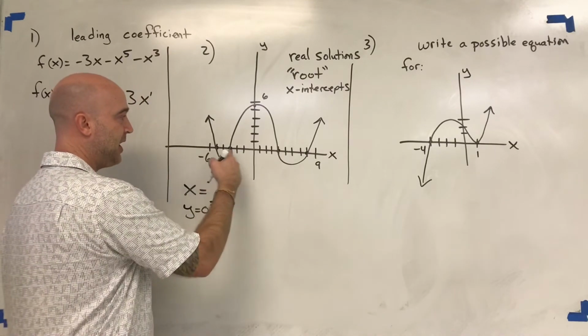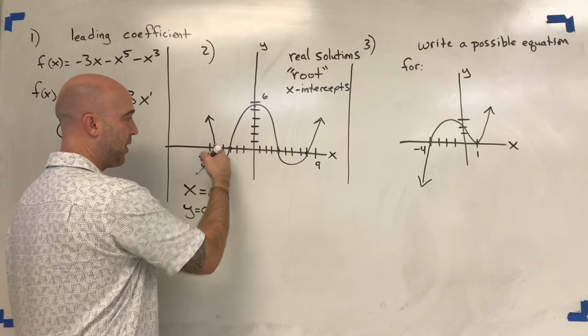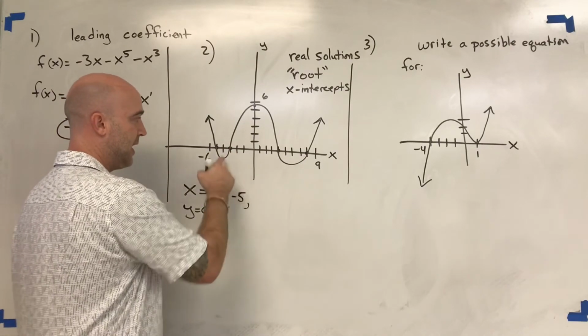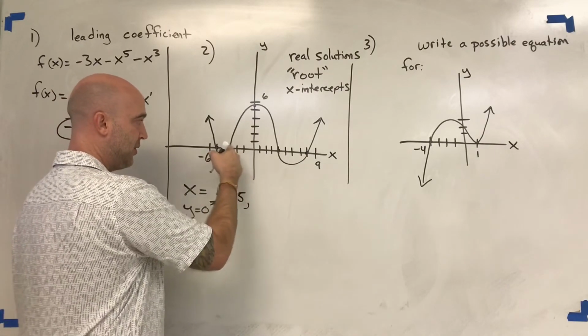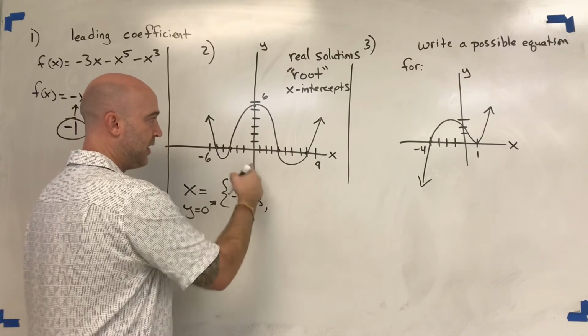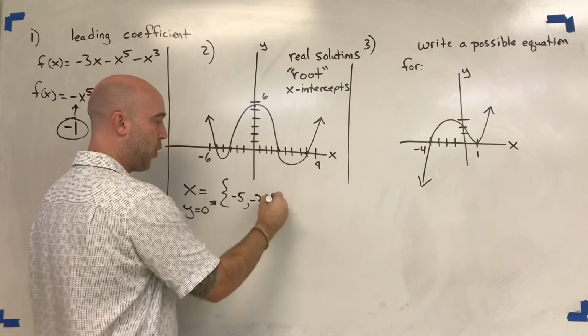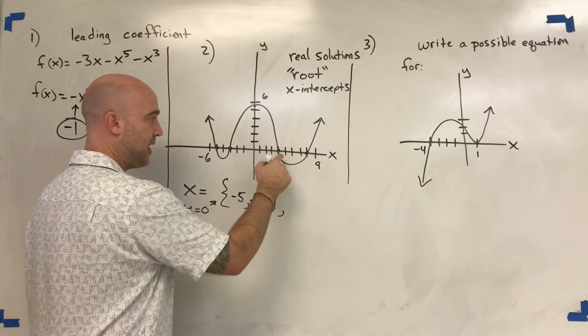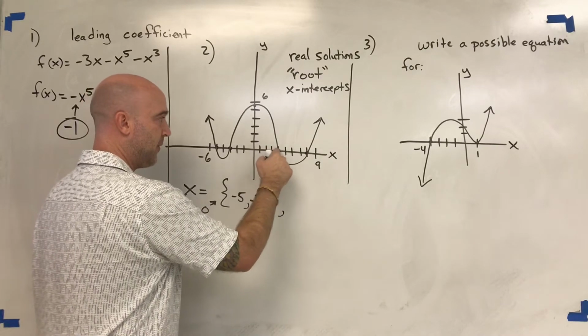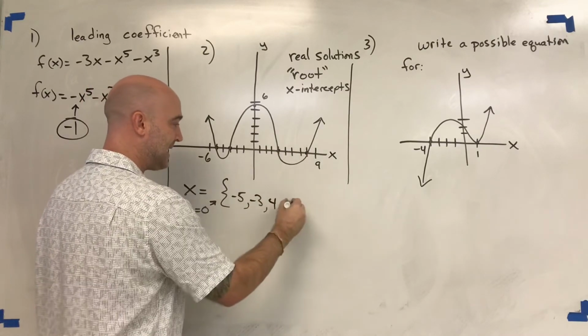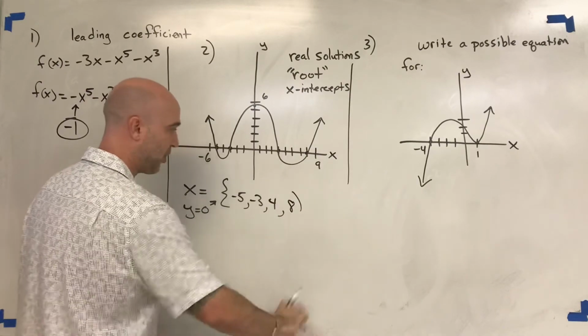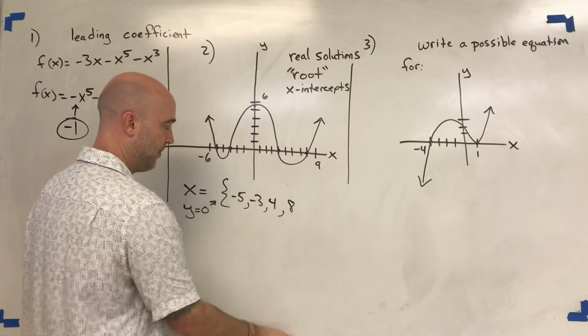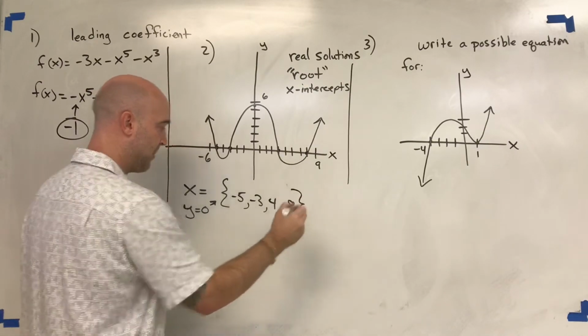And our first one is 1, 2, 3, 4, -5. The next one is 1, 2, -3. The next one is 1, 2, 3, 4. And the last one is 1, 2, 3, 4, 5, 6, 7, 8. And it's a brace, not a parenthesis. There's my brace.